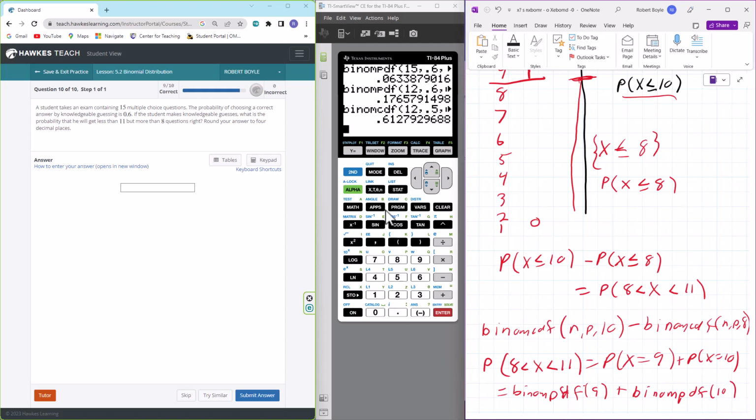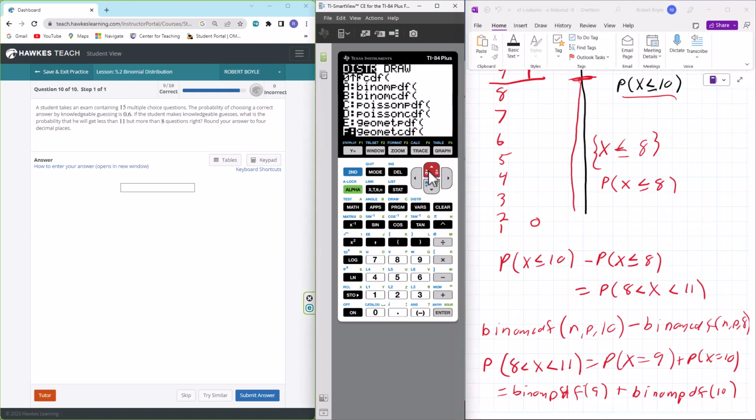Okay, so second distribution, binomial CDF. Number of trials is 15. Probability of success is 0.6. And we want to do 10. There we go. Let's go ahead and use this history, and now we want to change the 10 to an 8.